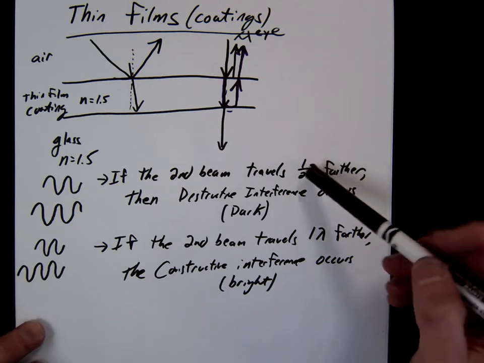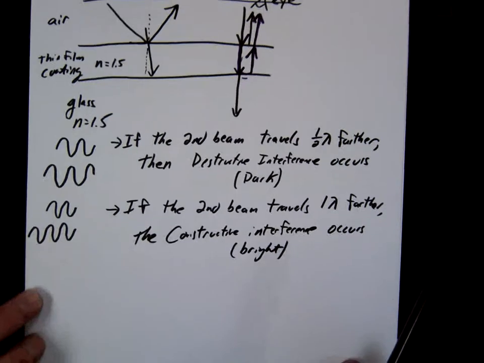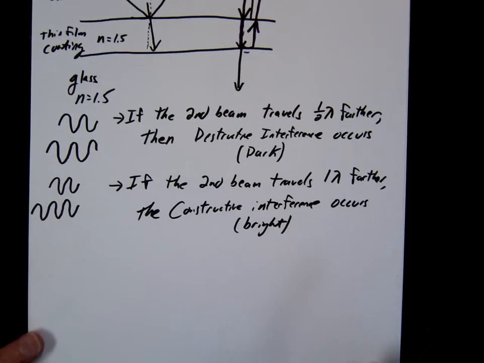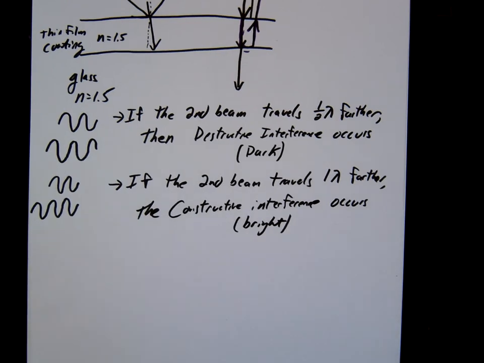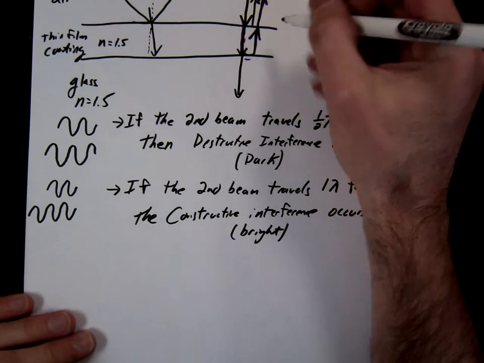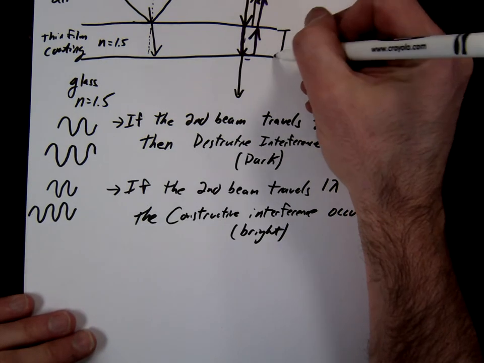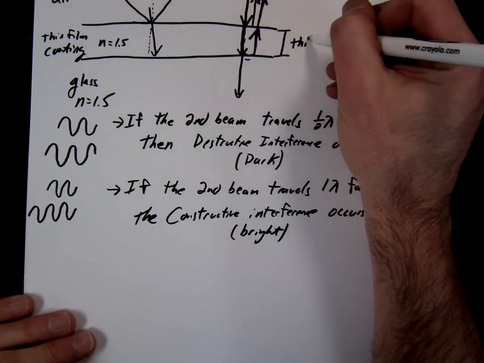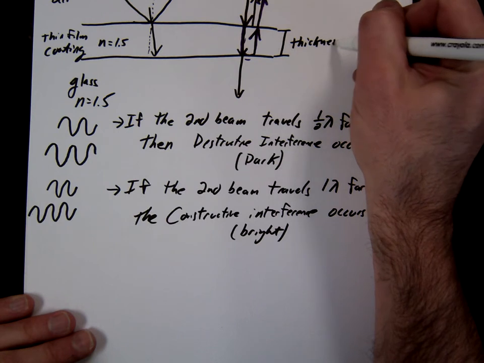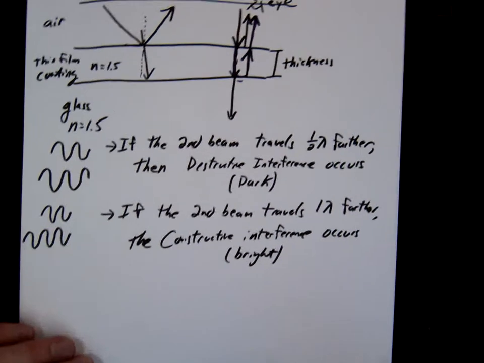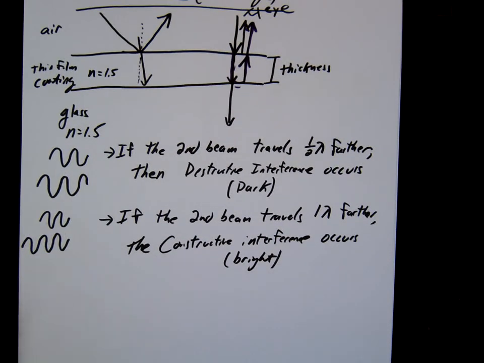Okay? All right, so the task for today then is to figure this out. If you're an engineer, how do we find the thickness of our coating? If you want your sunglasses to glow red, what thickness should you make it? If you want to create anti-reflection coating, what thickness should you make it?